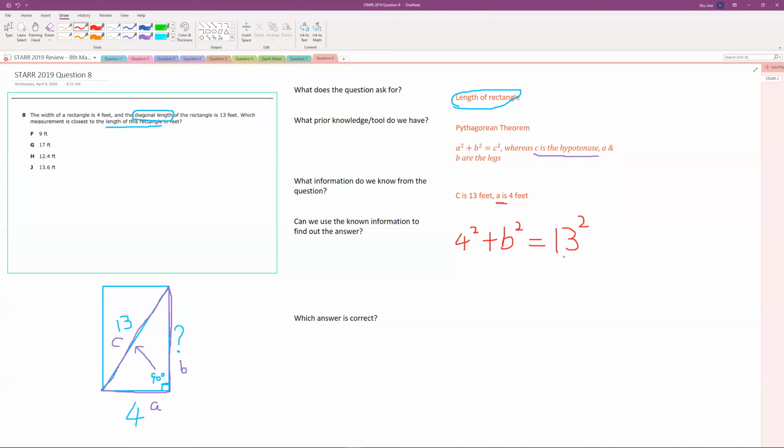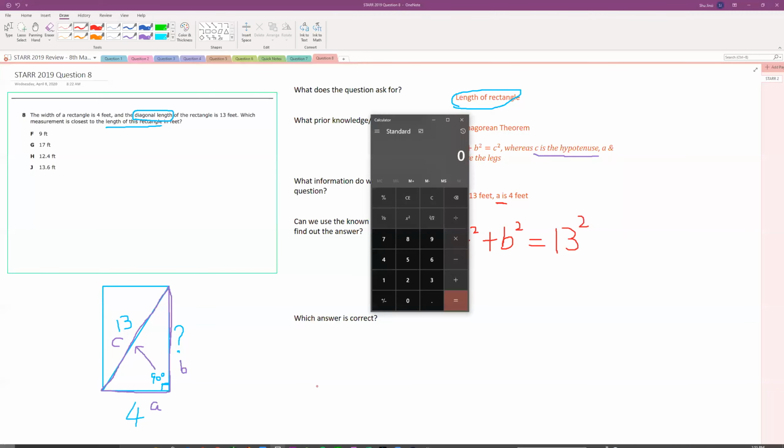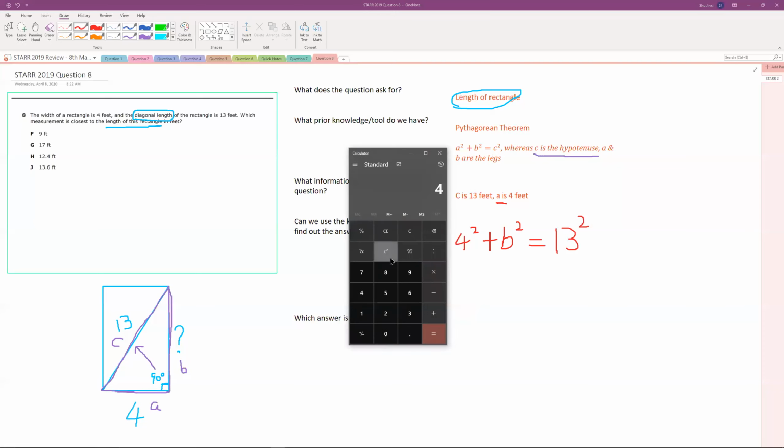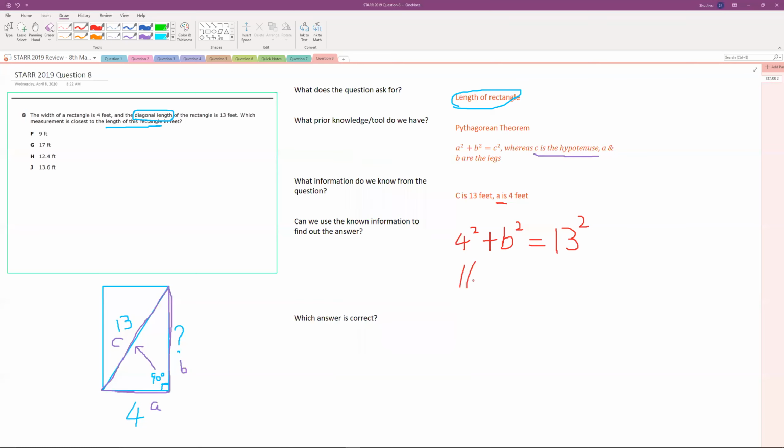So this all comes from the Pythagorean theorem. Now we can use our calculator. So 4 squared is 16, and 13 squared is 169. So I'm going to write it down. 16 plus b squared equals 169.